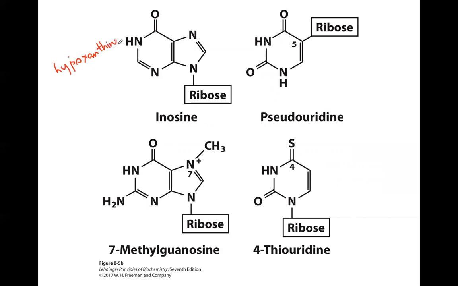Hypoxanthine is actually a deaminated version of adenine.